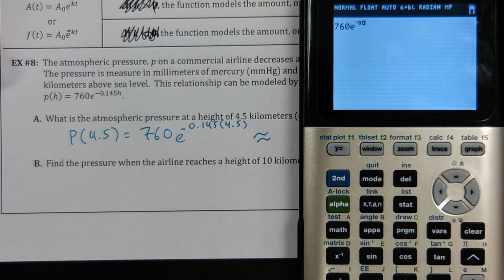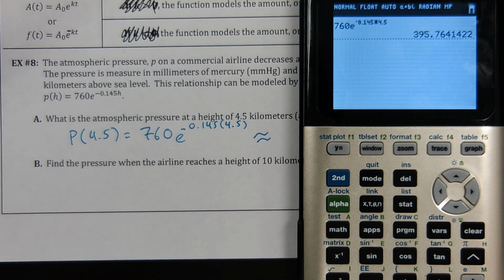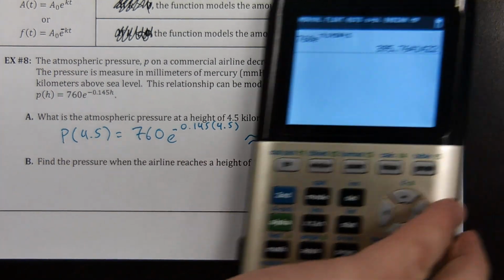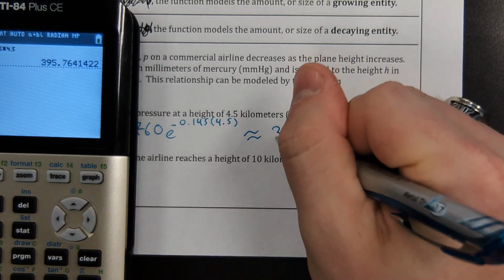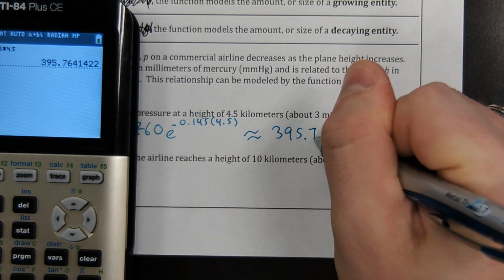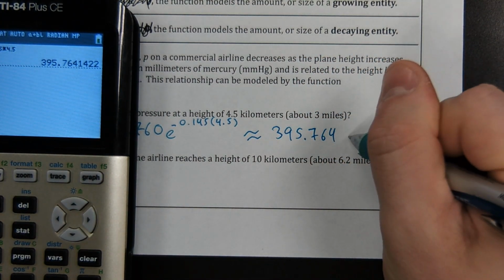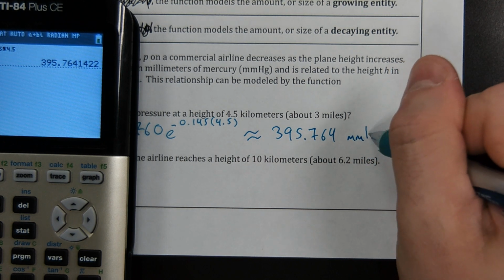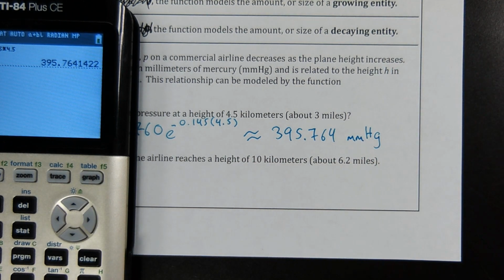Negative 0.145 times 4.5 is 395.764 millimeters of mercury.